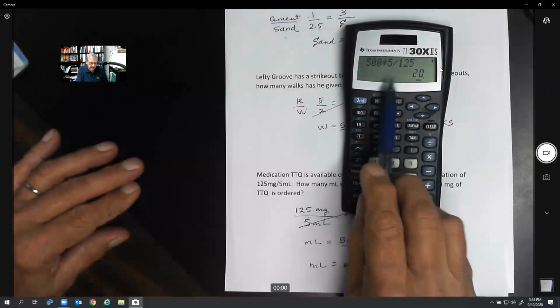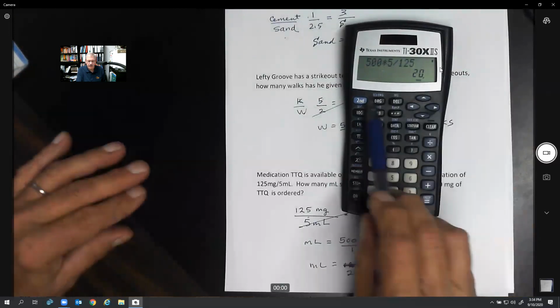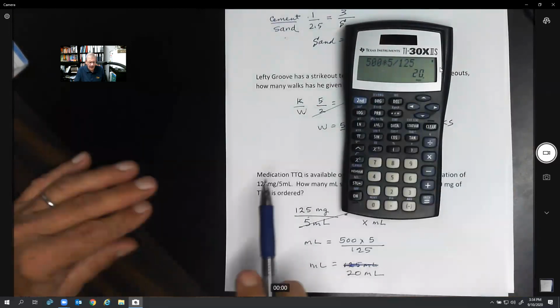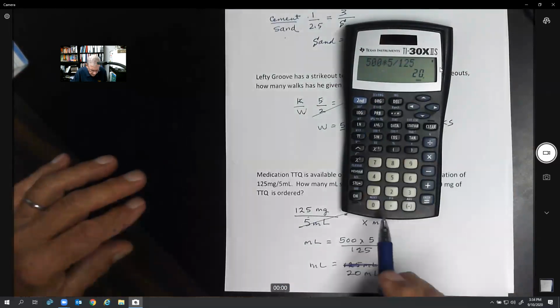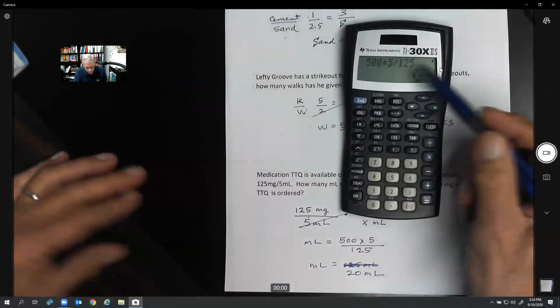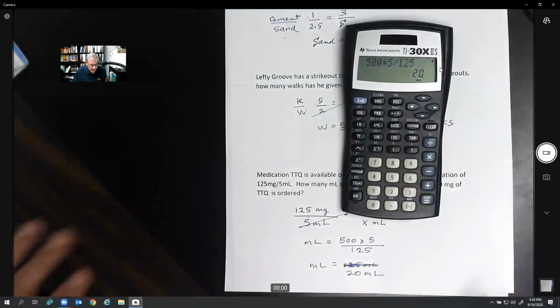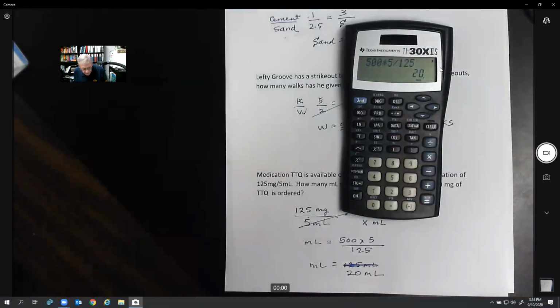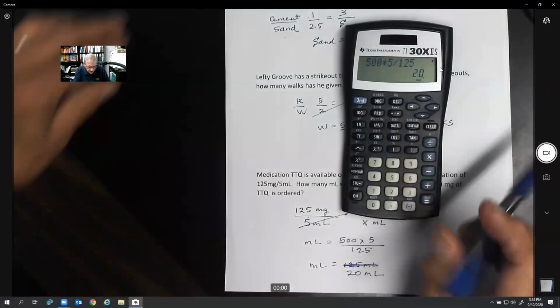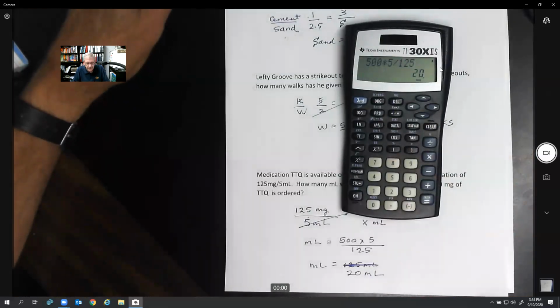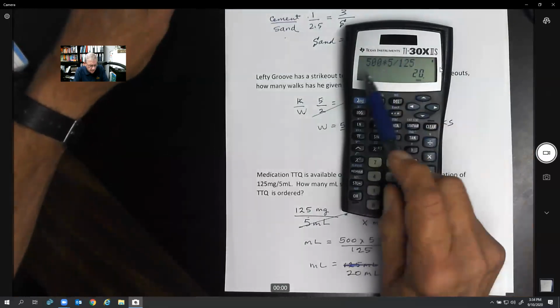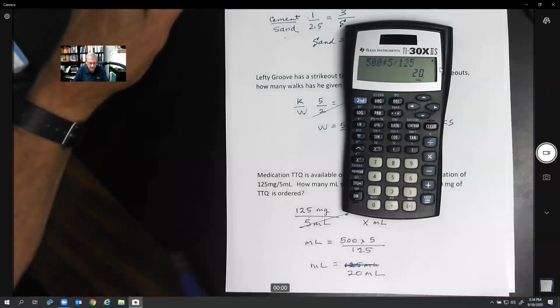So always double check your work. On a quiz or something, you're using a calculator. How hard is it to re-enter that one more time? And I don't know what I did wrong. I probably put in 25 or something instead of 125. But what's nice about this calculator is we can now see what we put in. And that's another reason why it's good to put it all in one step.